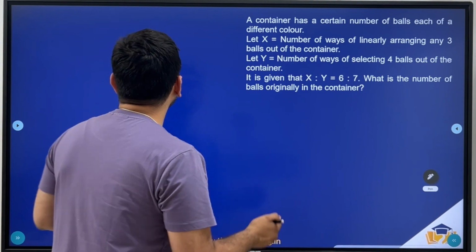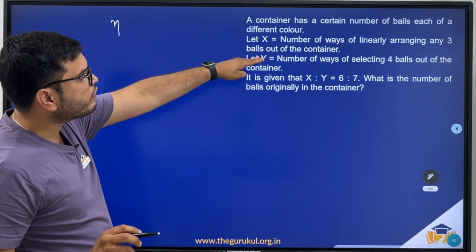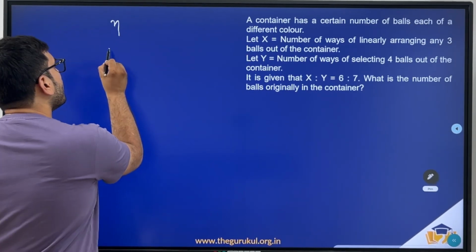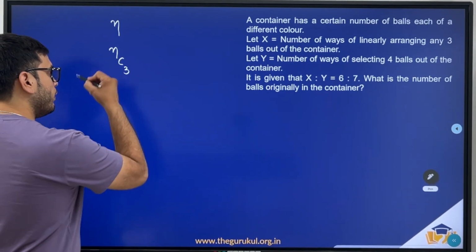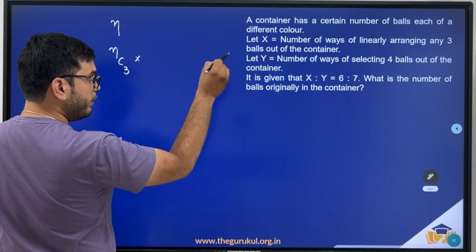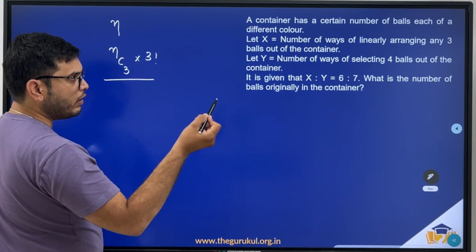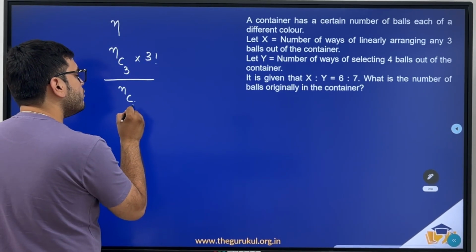Now let me assume the initial number of balls to be n. In the first case, we need to select 3 balls and then we need to arrange them. Selecting 3 balls can be done in nC3 ways. Then arrangement in a linear row, 3 factorial, whereas in the second case, y is equal to the number of ways of selecting 4 balls, so that can be done in nC4 ways.